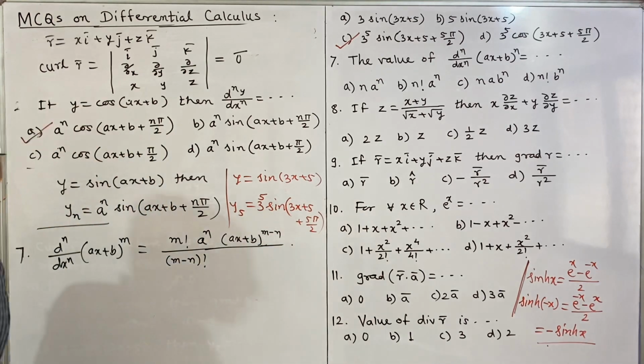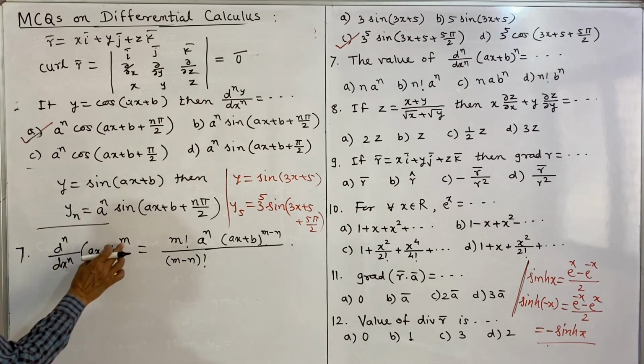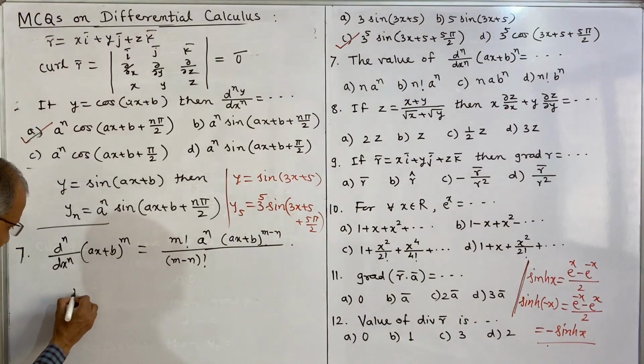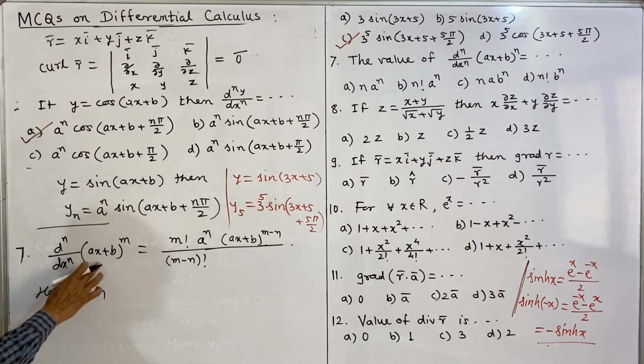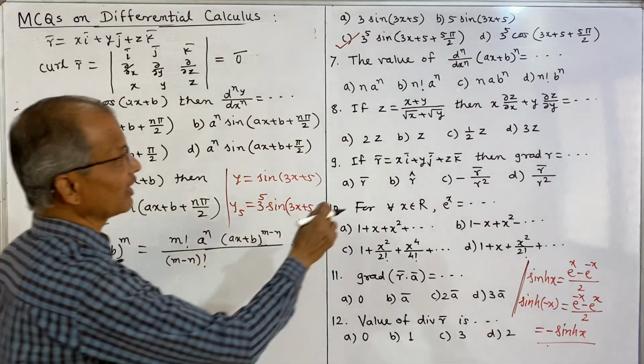So this is the general formula. All these standard formulae we have derived earlier, and we have to remember them. And here m is equal to n, and therefore the nth derivative of (ax plus b) power n is asked.